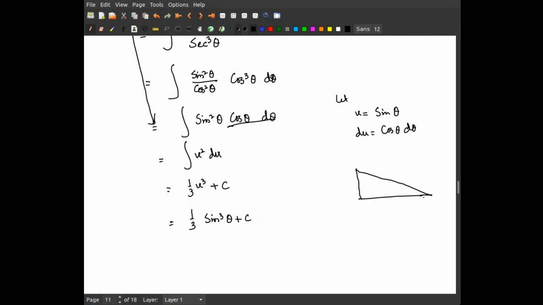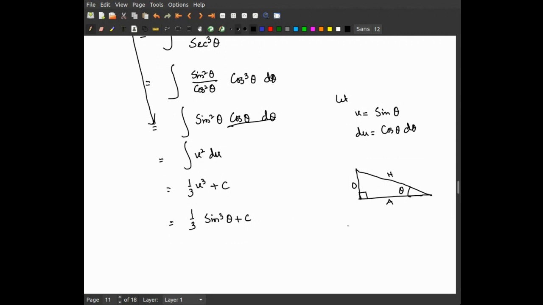You need to learn it. So this is theta, and this is the right angle. Hopefully you remember that this is called opposite, this is called hypotenuse, and this is called adjacent, or base. Let's write it short, A.